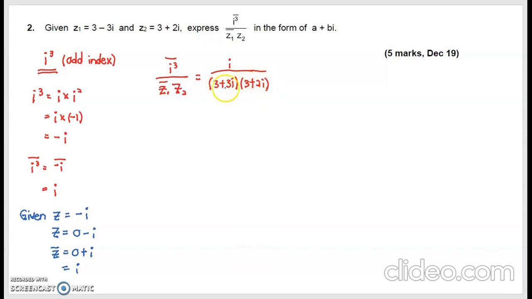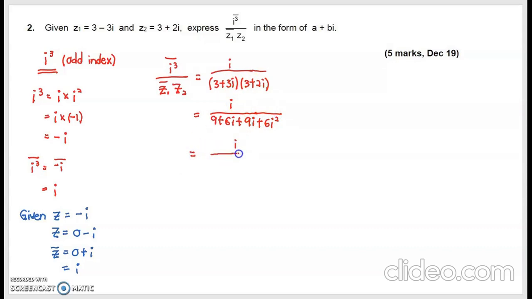So next, I will expand the denominator. I over 3 times 3, 9. 3 times 2i, 6i. 3i times 3, 9i. And finally, 3i times 2i, 6i squared. Next, I try to simplify.